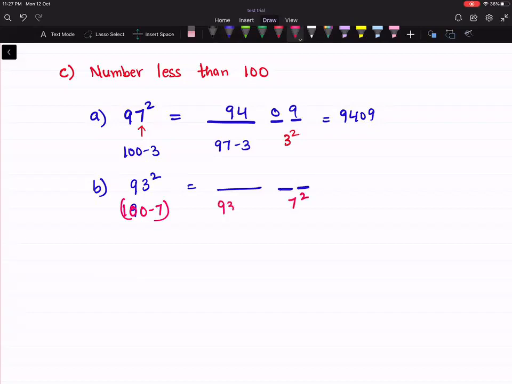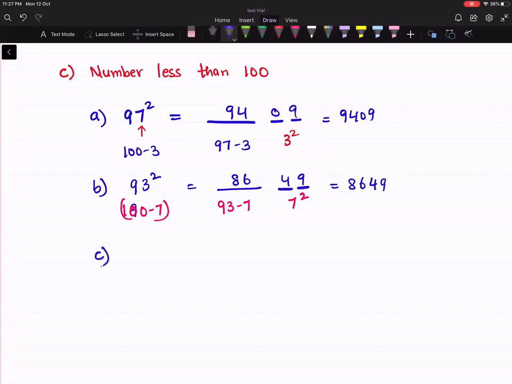Leftmost side is 93 minus 7. ठीक है? 93 100 से 7 छोटा था तो उसको 7 और सब्ट्रैक्ट करेंगे. अगर हमें 107 स्क्वायर निकालना होता तो 107 100 से 7 ज्यादा था तो we were adding 7. Now 93 minus 7 is 86. 7 square is 49 and your answer is 8649.